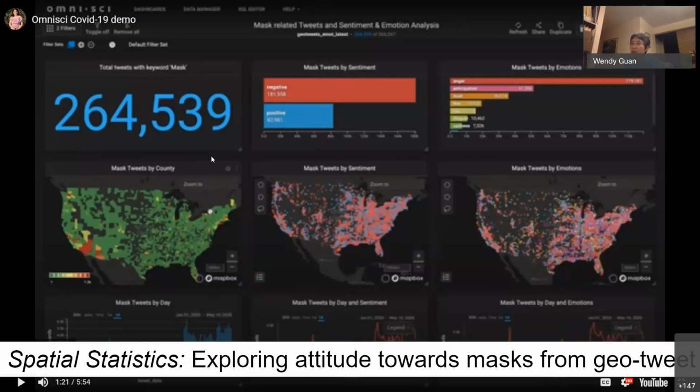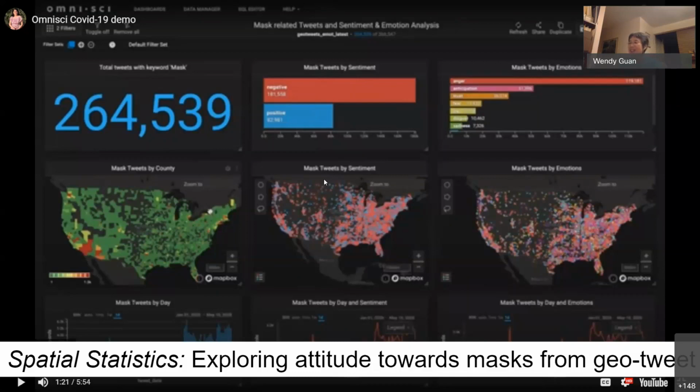So you can see that there are hundreds of thousands of tweets for this one filter, that we can filter by keywords, by location, by time, and then also by sentiment, meaning when people tweet about a certain thing, are they happy or are they not happy? What is the emotion? I apologize for the resolution of this image, but really what this means is negative attitude versus positive attitude towards the keyword mask.